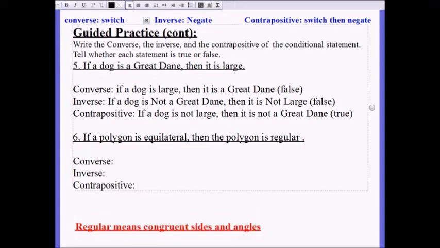Let's think of the converse. Converse is when you switch. Okay? Converse is when you switch. So if a polygon is regular, then it is equilateral. Okay?